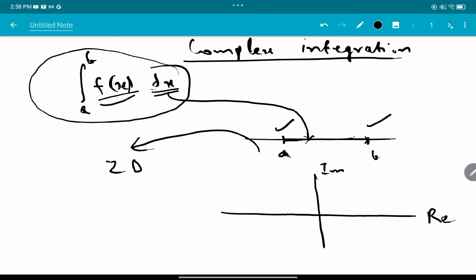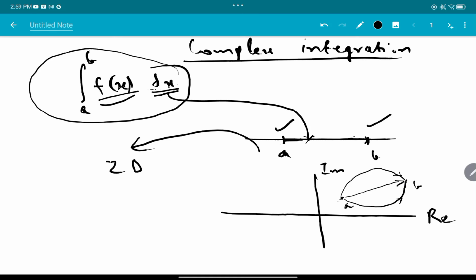So if you have two fixed points, say A and B, these are complex numbers. A is a complex number, B is a complex number. Now there can be an infinite number of paths between them. You can integrate a function along this path, along this path, or along this path.